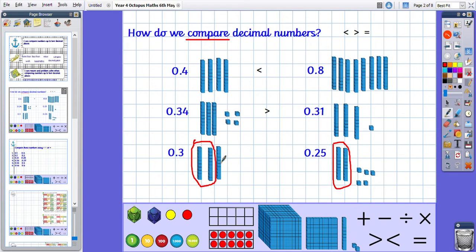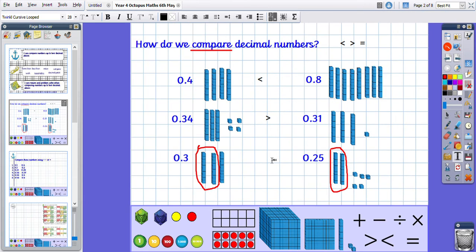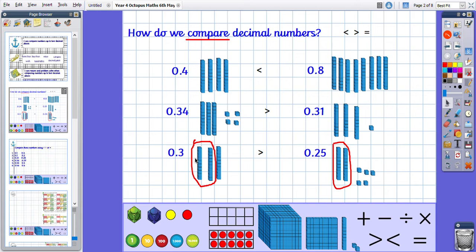So this number has to be bigger because I've got 3 tenths or 30 hundredths, and here I've only got 25 hundredths. So actually, I've been proved wrong. 0.3 is the greater number. It is a bigger amount despite it looking smaller on paper with it having less digits.